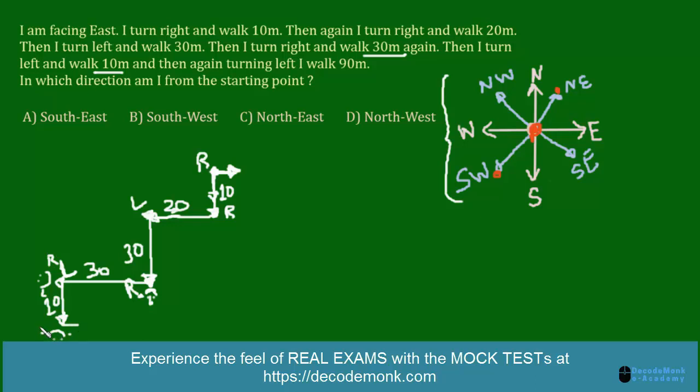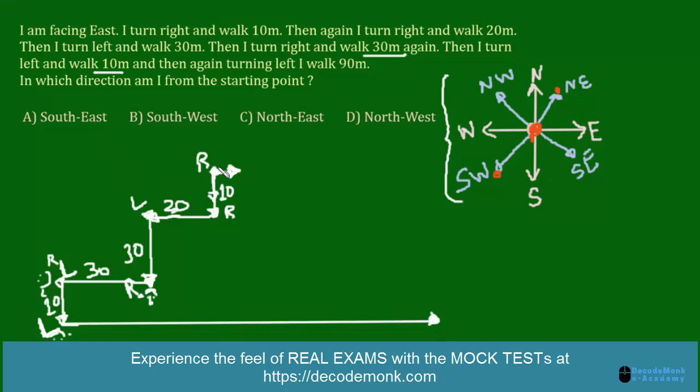So then I turn left and I walk 90 meters from here. So turning left, I walk 90 meters from here. Suppose this is the 90 meter. So I stop over here.